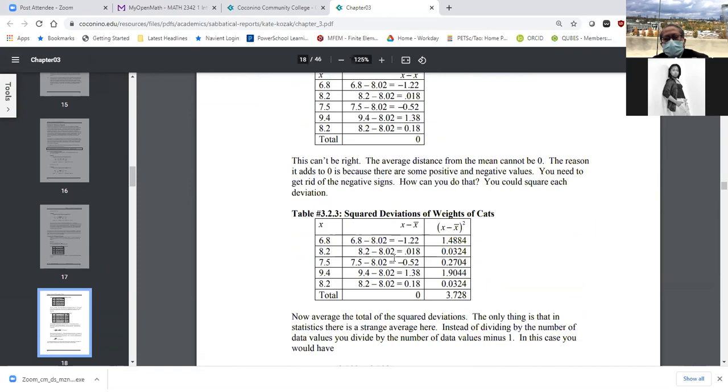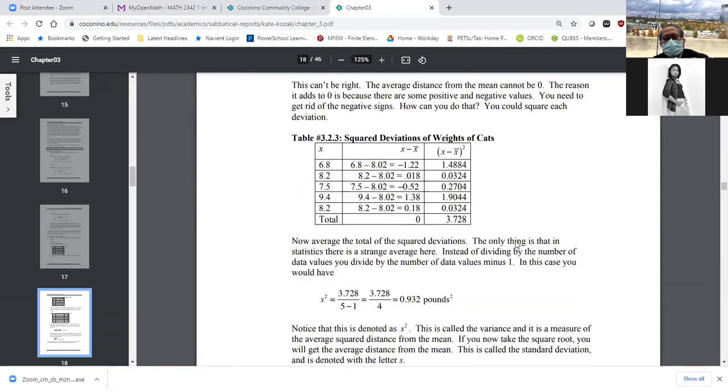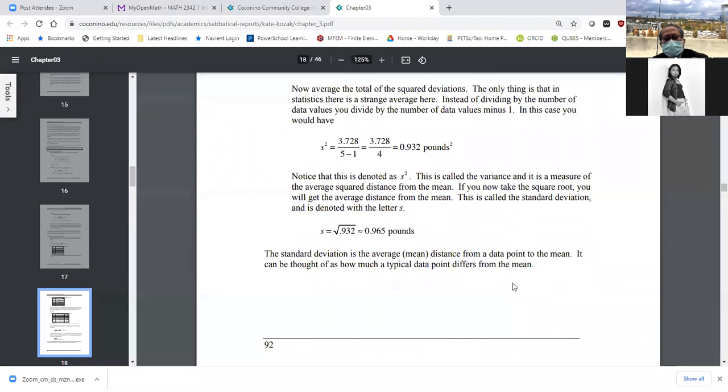Because you have negative numbers here, right? So in order to find the distance, you need to square them, add them together, and then divide by the sample size minus 1. So this is called the variance. If you take the square root, we call it the standard deviation.